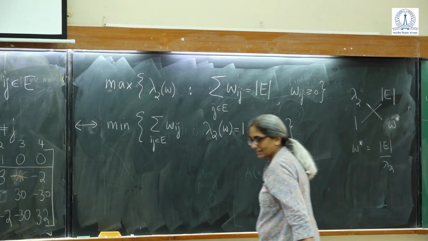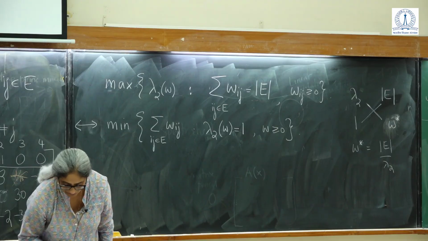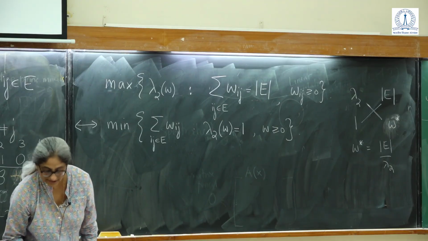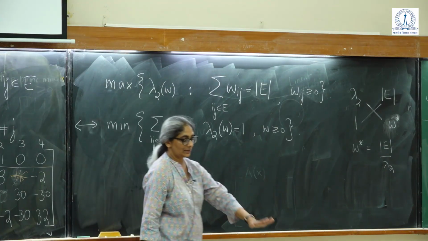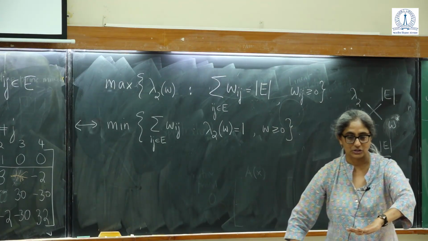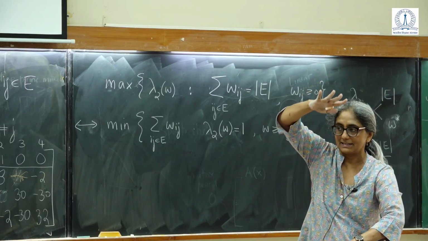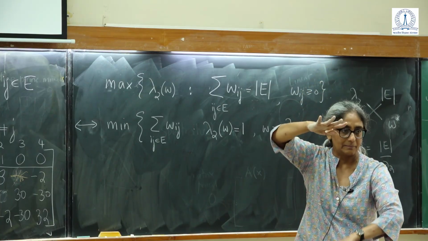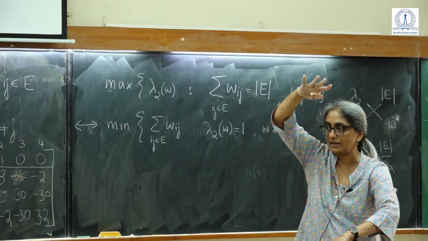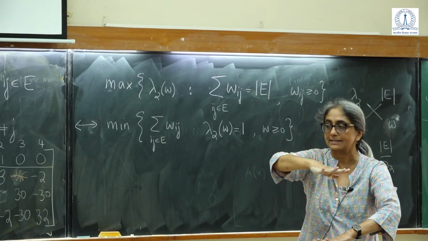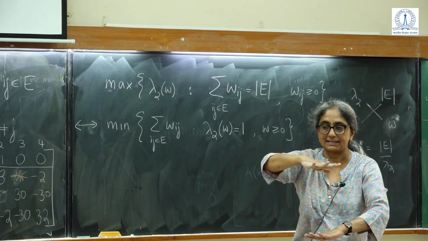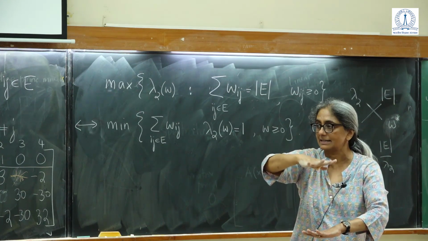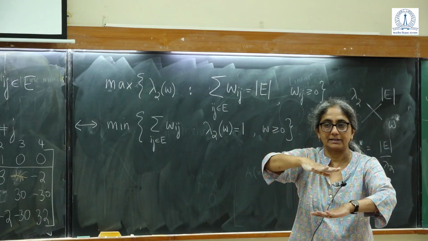Okay, let's finish and then we'll come back and answer more questions. Now, let's think about this one more time. What are we doing? Now we are fixing lambda 2 to 1 and I'm minimizing the sum of the weights. That's also a normalization. And will it happen that when the weights are minimized, lambda 2 will be bigger than 1?